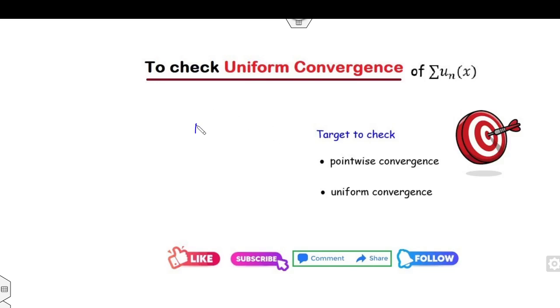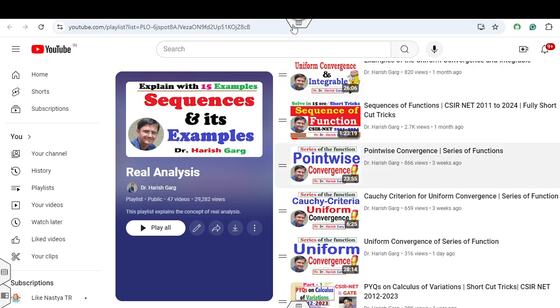Make sure, students, if the series is not pointwise convergent, then this implies it is not uniformly convergent. And how you can check pointwise convergence, I already explained in my previous lecture.